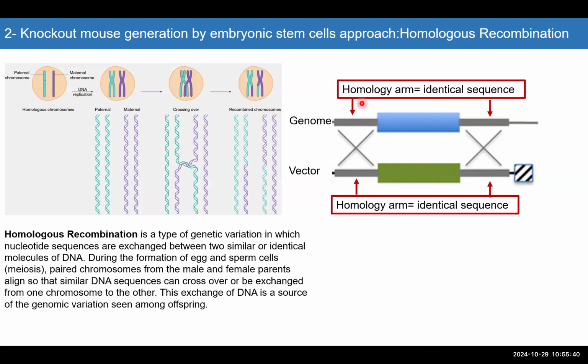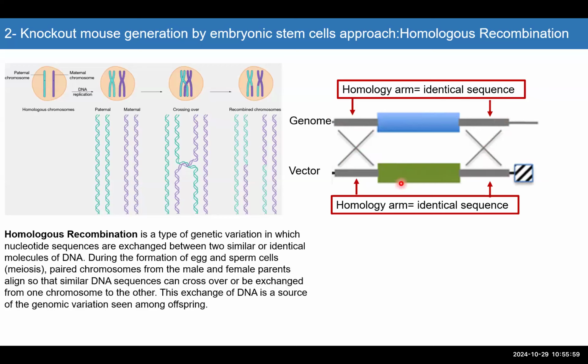You would need to have homology arms. So this sequence is exactly identical to this, and this sequence is exactly identical to that, so that the process of crossing over can take place.